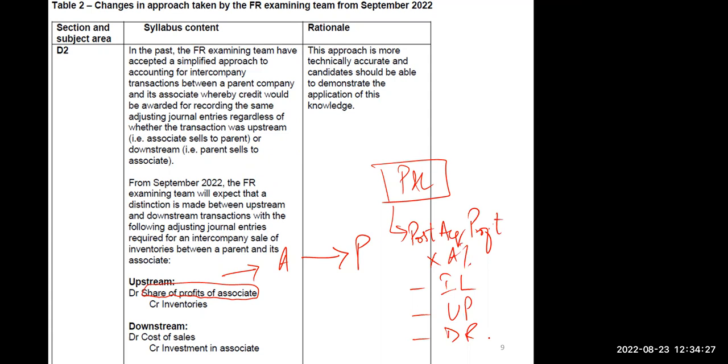The share of the associate profit will be adjusted only when the associate company sold goods to the parent company. But when the parent company is selling goods to the associate company, you need to make the adjustment in the consolidated cost of sales.